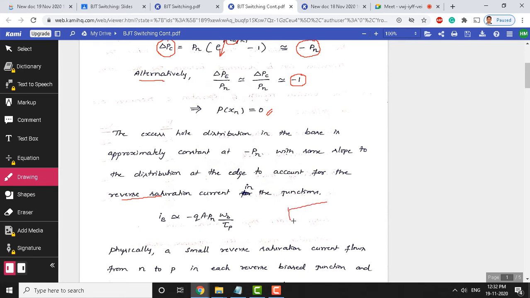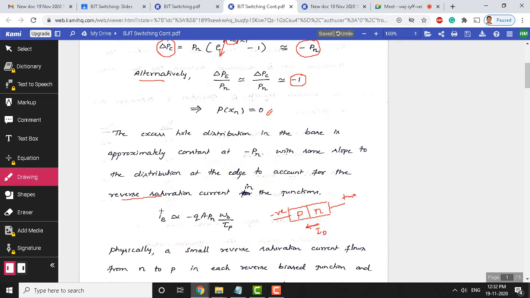Reverse bias means we connect the negative terminal to P and the positive terminal to N. Though we say the total current flowing from P to N is 0, a small amount of current, which we call the reverse saturation current, flows from N to P.